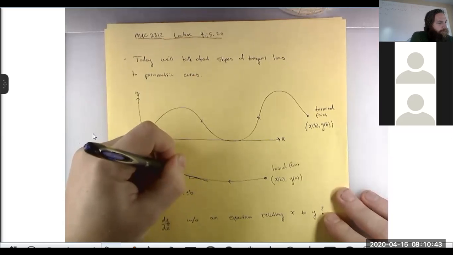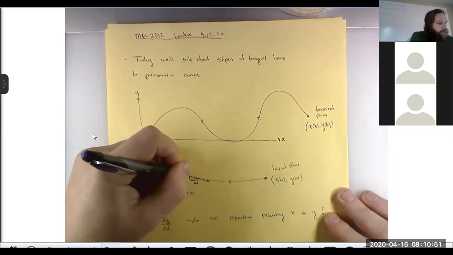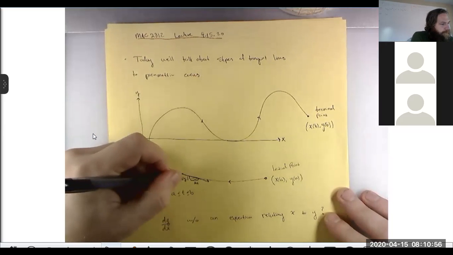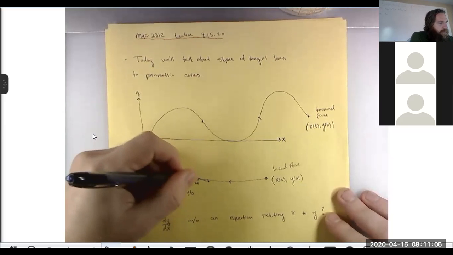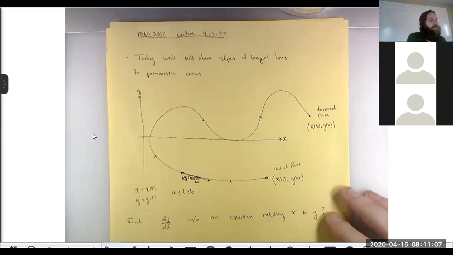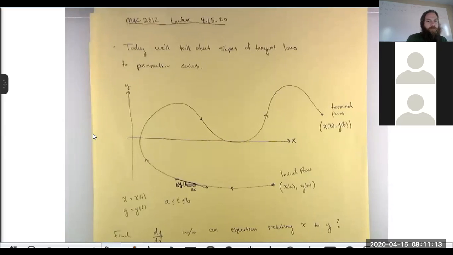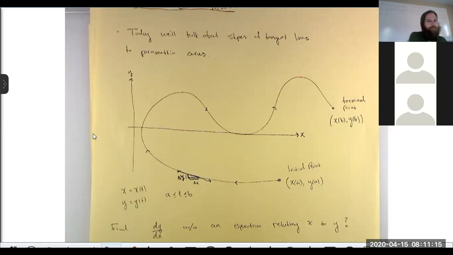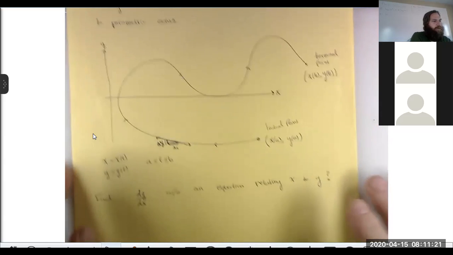In other words, if this down here is like delta x, and this right here is delta y, so I have a little change in y and a little change in x, then out of those two, I could get dy dx. I could get the slope of the curve. That's the basic idea. And the way this ends up dropping out is really nice.